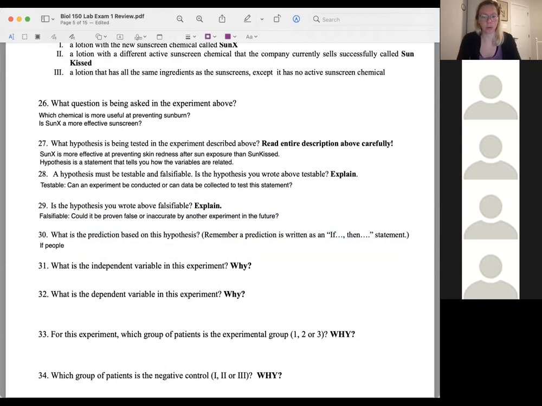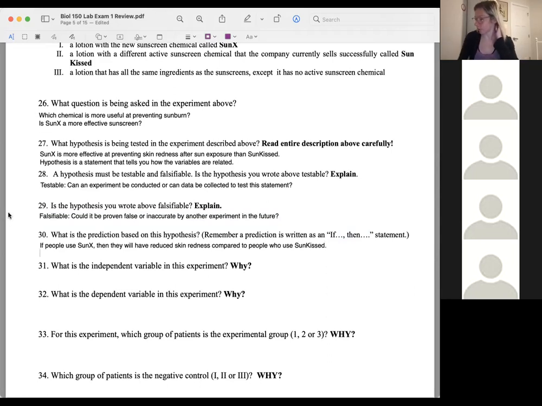Okay, so if people use Sun X, then they will have reduced skin redness. I like that. That's a good start. We can add in, compared to people who use Sunkist or other products. And yeah, that would be perfectly acceptable.